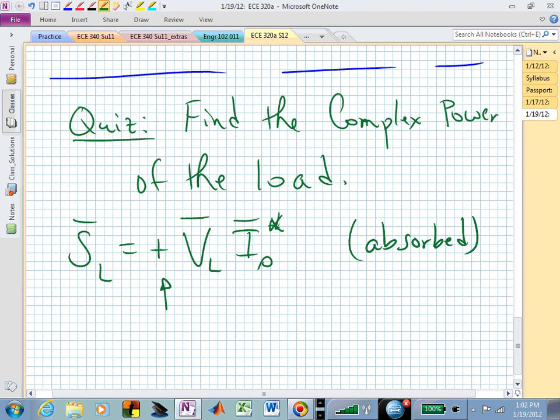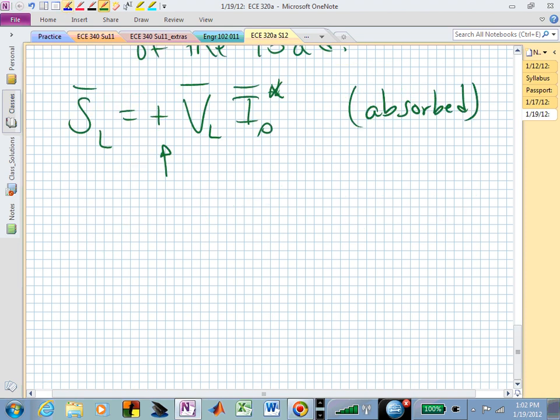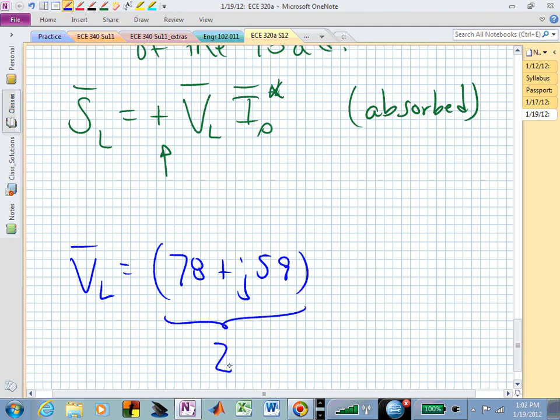But I haven't yet computed V sub L bar. You told me that that's what you wanted to do, so if we do that, V sub L bar is now this 78 plus J59. That's the Z of the load times I sub S bar, and I don't need to conjugate that, do I? This is Ohm's law, so that's just ZI.